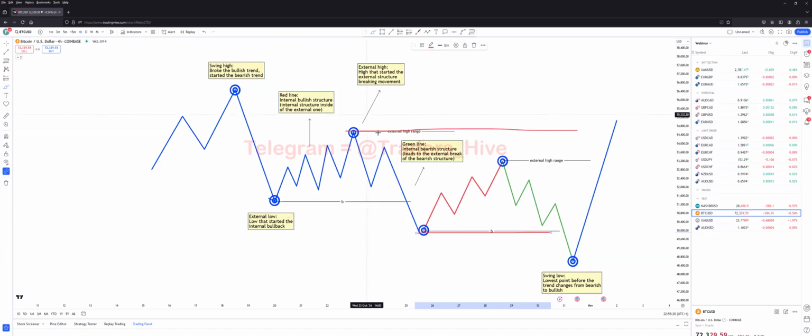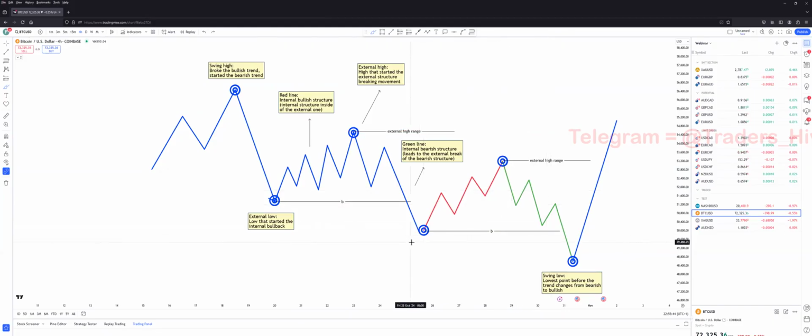So everything that happens in between these two red lines will be the internal structure. Once again, continuation and reversal trades can be taken here. A beautiful internal long pullback can be taken here, just like it happened here. A beautiful reversal bearish trade can happen that will still be an internal trade. A beautiful continuation trade can happen.